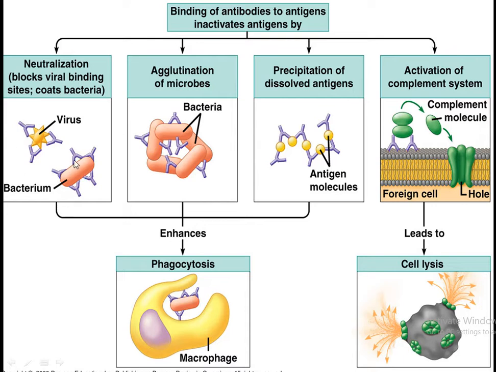So the antigen-antibody reaction takes place, and this is the mechanism through neutralization, agglutination, that is, they are placed one over the other, then precipitation, activation of the complement system, which will be discussed in the following slides, and then we have cell lysis either through this process or through phagocytosis. The end result is the death of the infective agent.